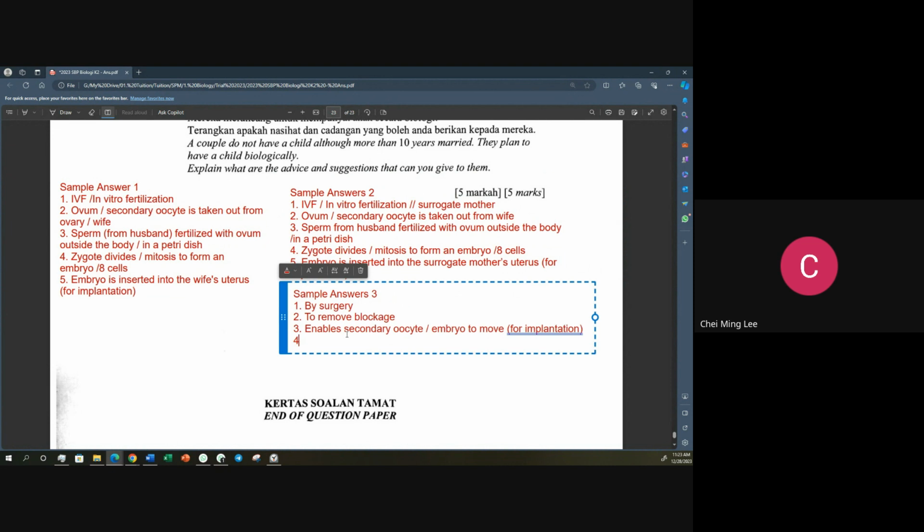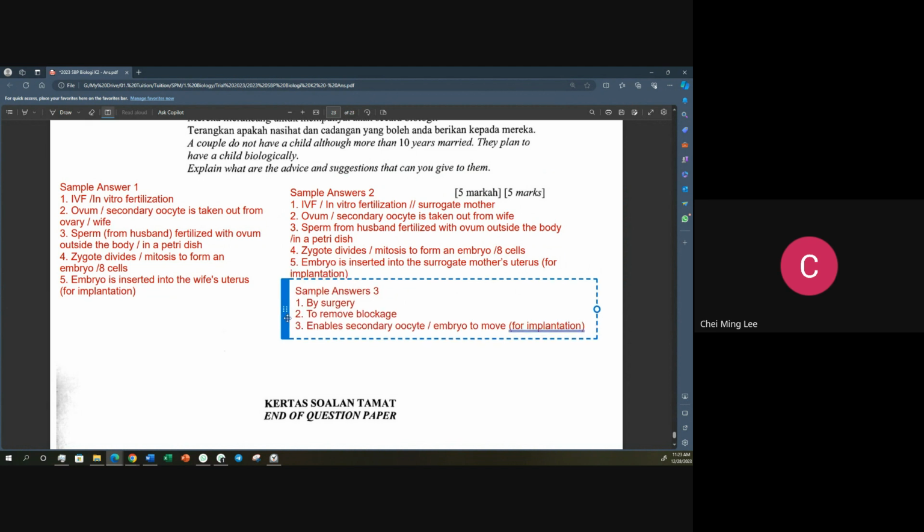So now it will not be blocked, they can move for implantation. This is sample answer 3, the top part.